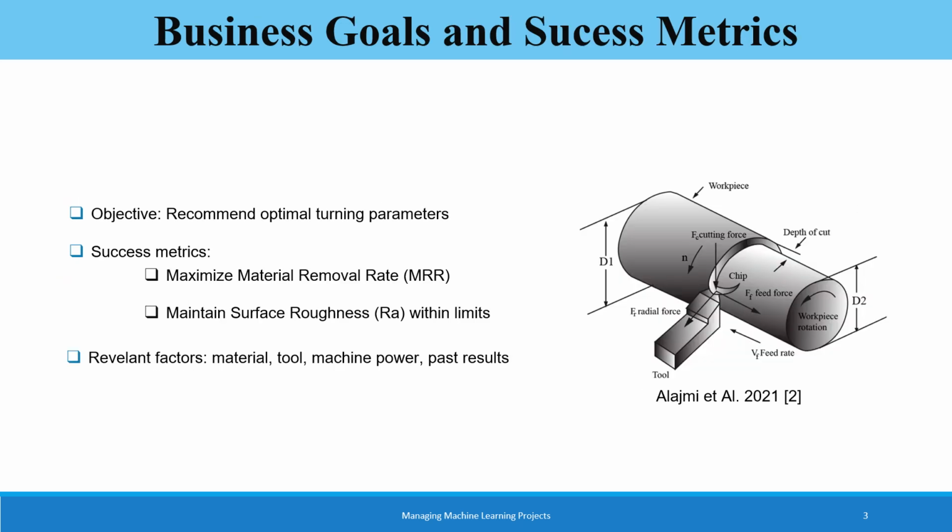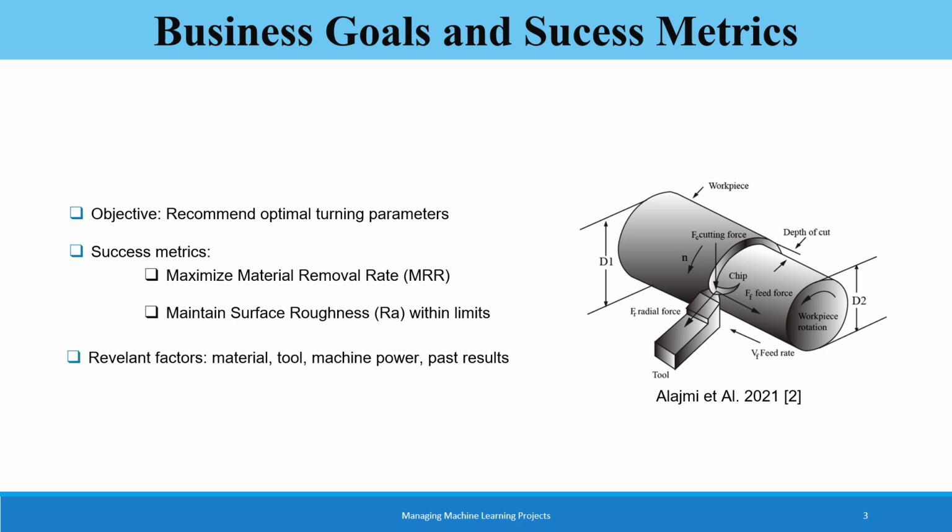In the business understanding phase of the CRISP-DM framework, the objective of this project is to recommend turning parameters that maximize productivity without violating safety or quality constraints of the process. Success in this project will be measured using two main metrics.